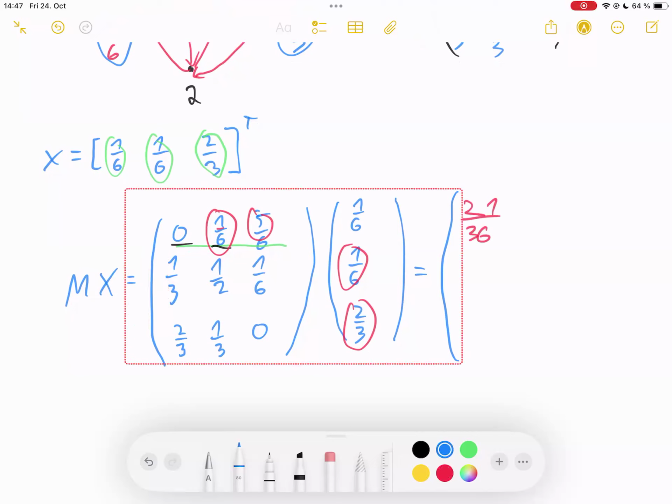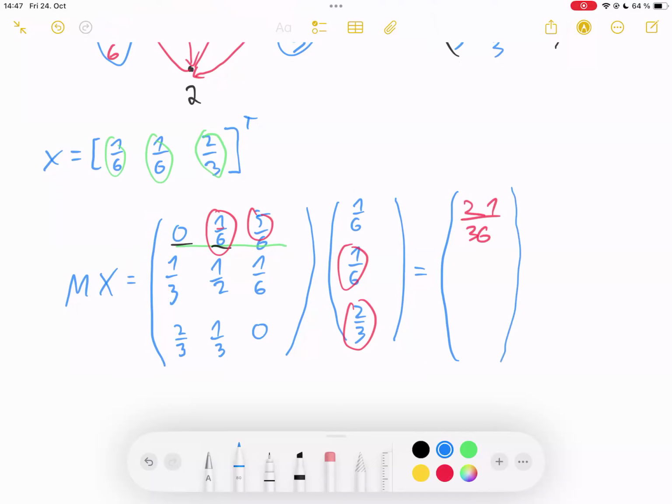And it's your task now. You can also use a calculator if you wish to tell me the next two entries. So multiplying the column vector with this row and with this row, and tell me the numbers. I'll give you a moment for that.